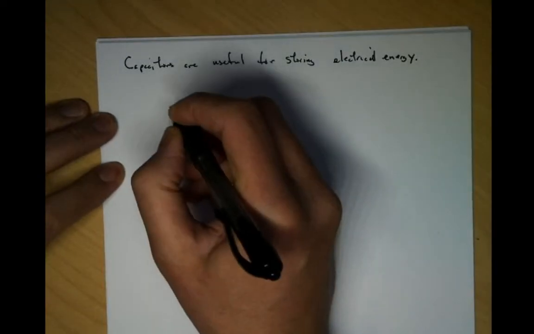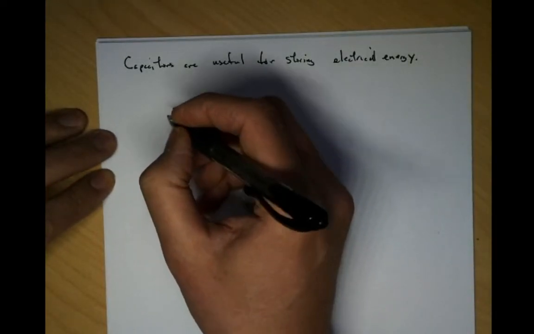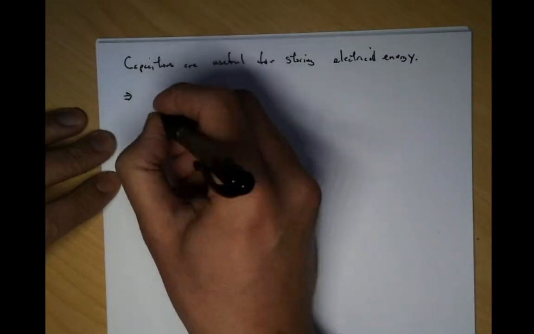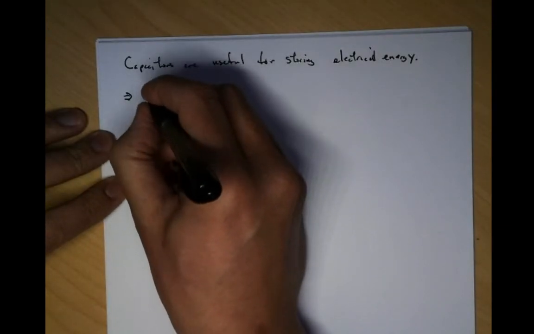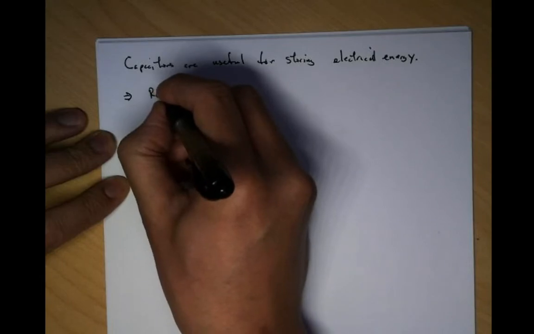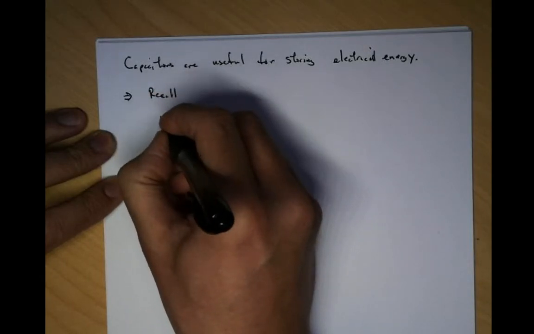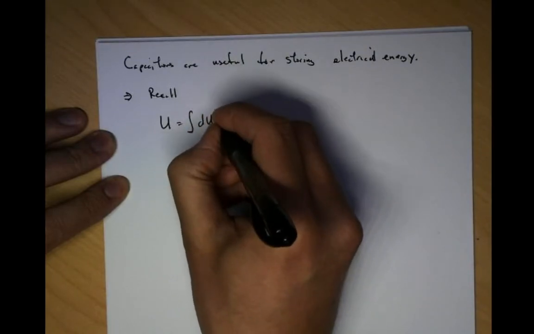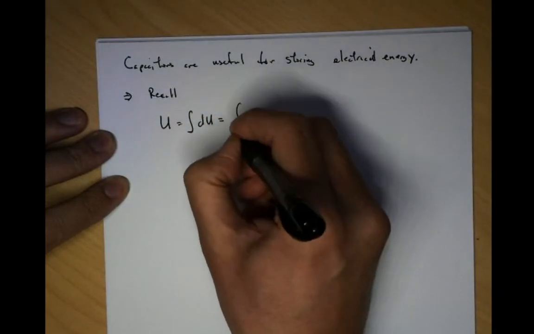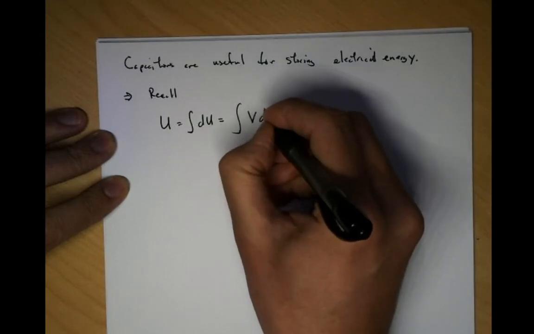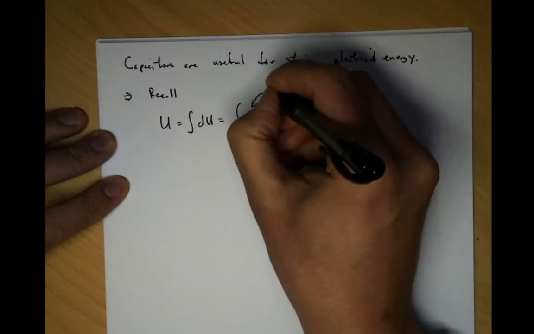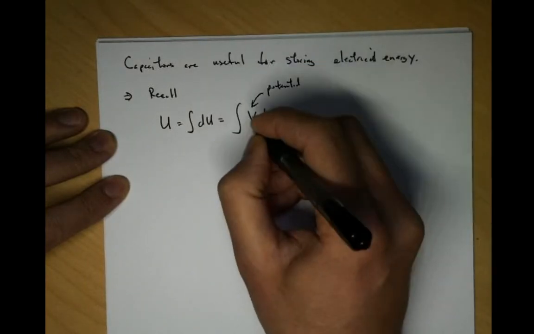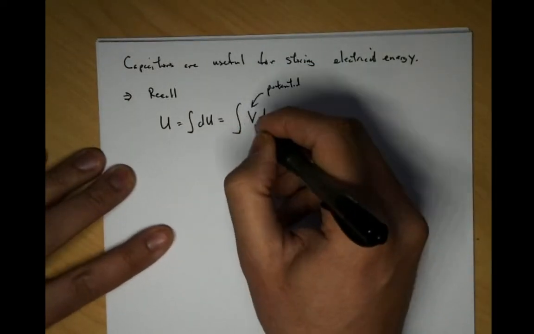In particular, recall U, the electrostatic energy, is the integral of dU. And what is that? That's the integral of V dq. Well, this is the potential, because remember, you integrate over all the potential, you get that.